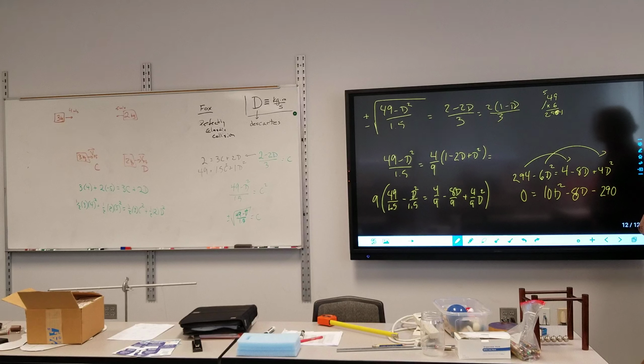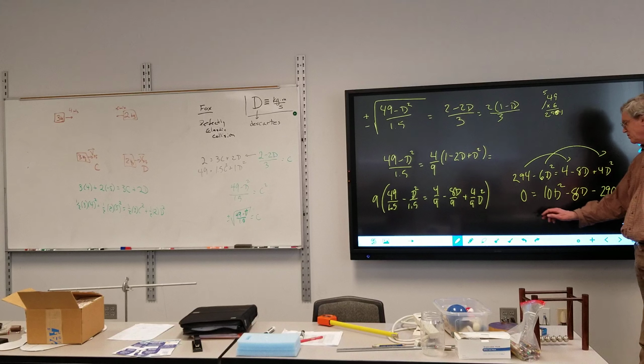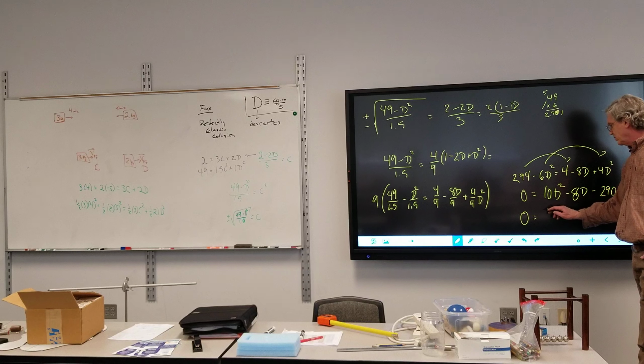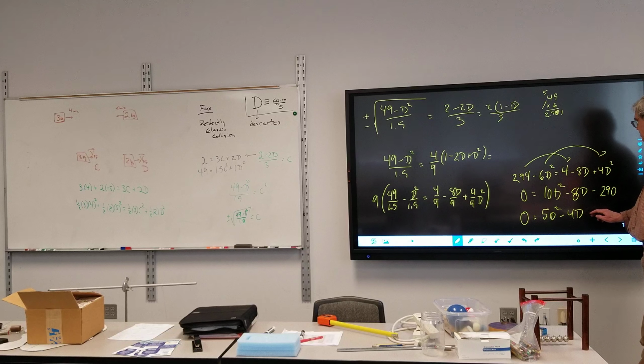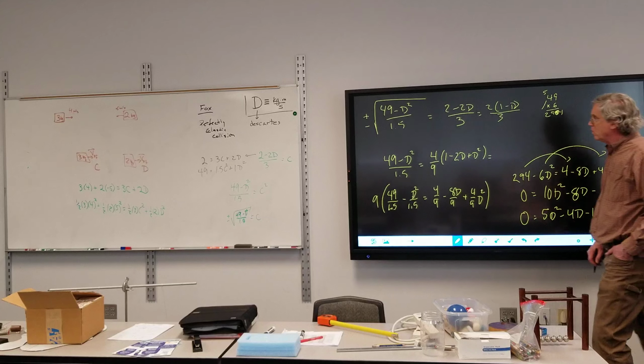Now what? Quadratic formula. All right, I am going to just divide by 2 to make the numbers slightly smaller. 0 equals 5D squared minus 4D minus 145. All right, so quadratic formula.